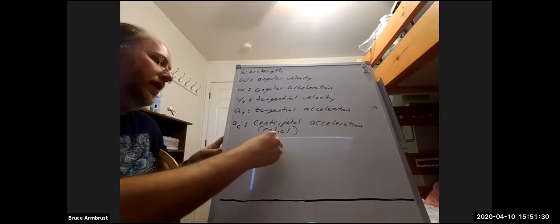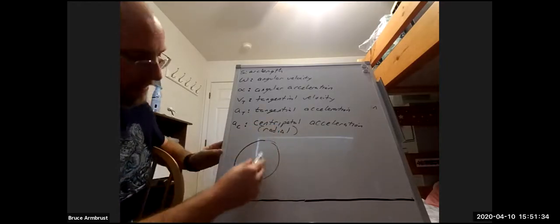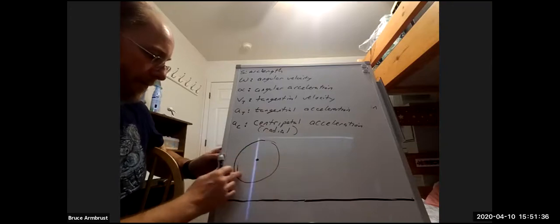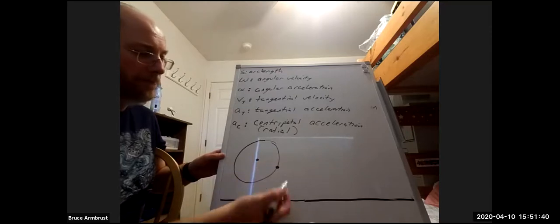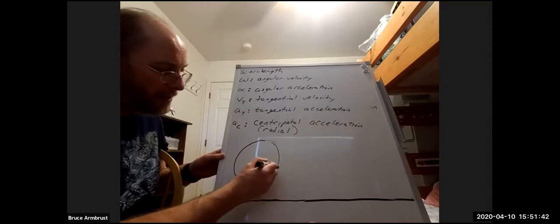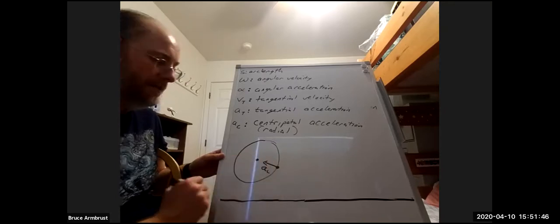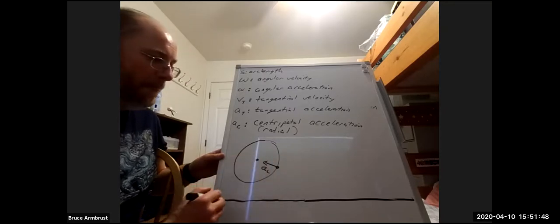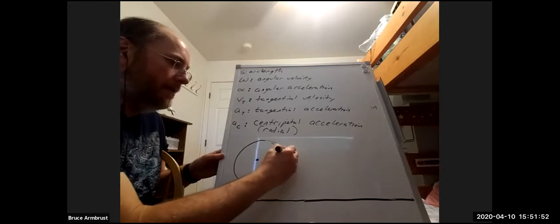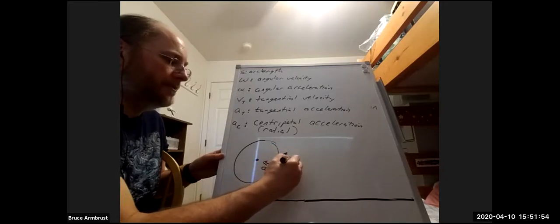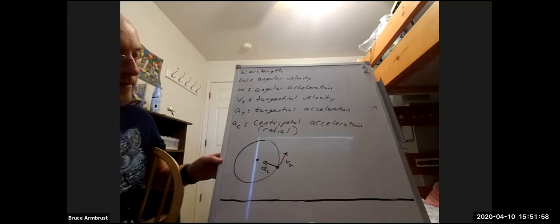So let me just draw here. Let's say we've got a circular path. Not much of a circle, but it'll do. We've got a particle here that's spinning around. There's going to be centripetal acceleration here, that's a sub c. There's going to be tangential, let's make this one a velocity, tangential velocity.